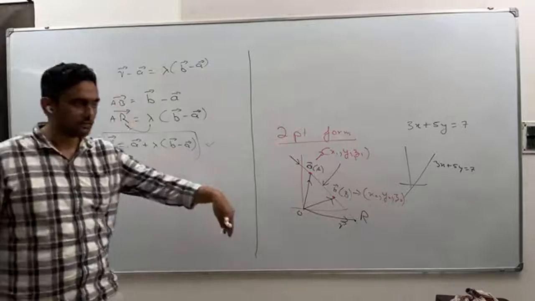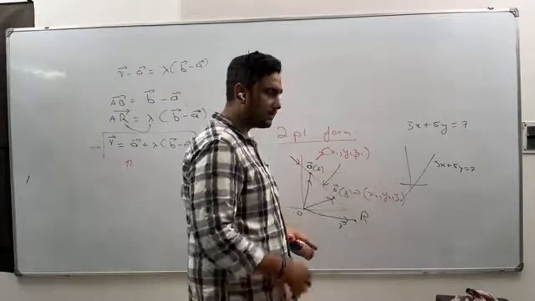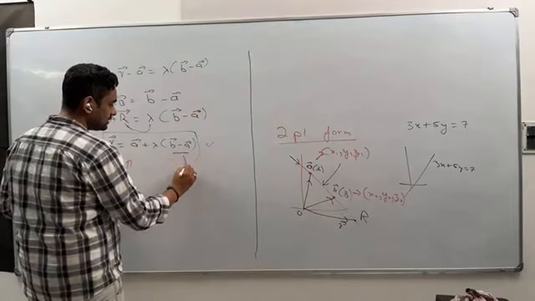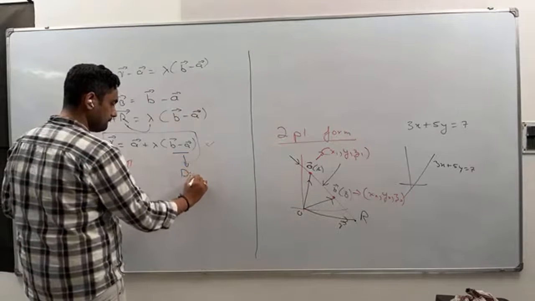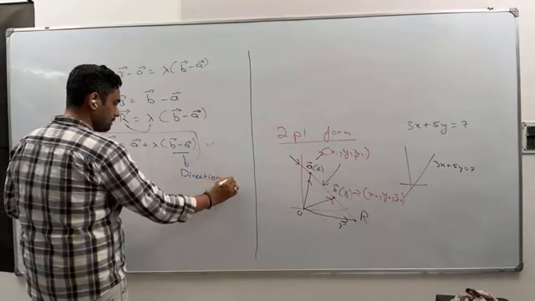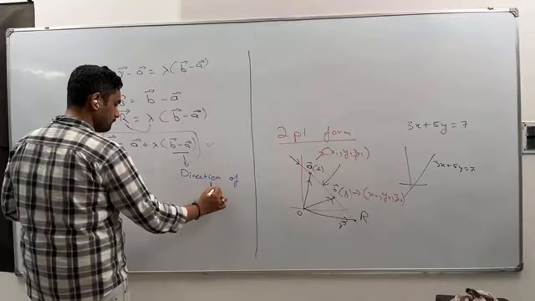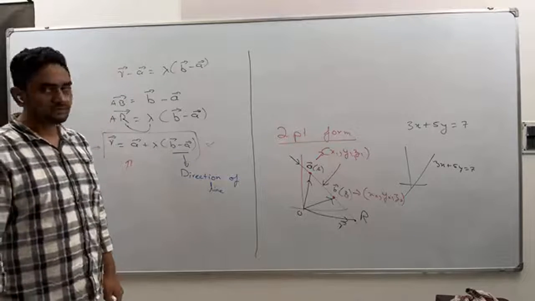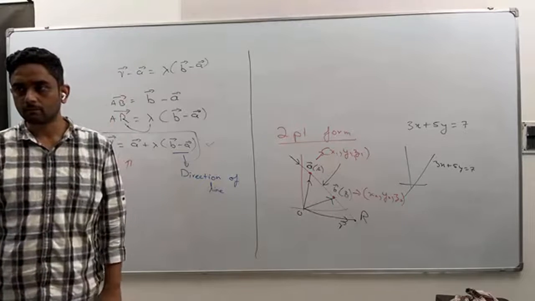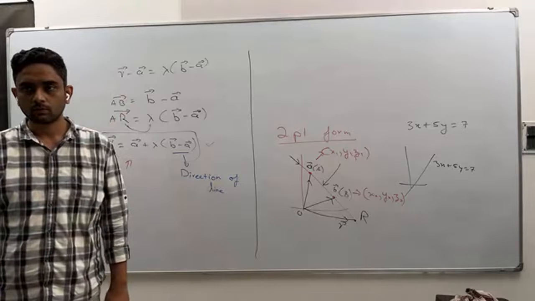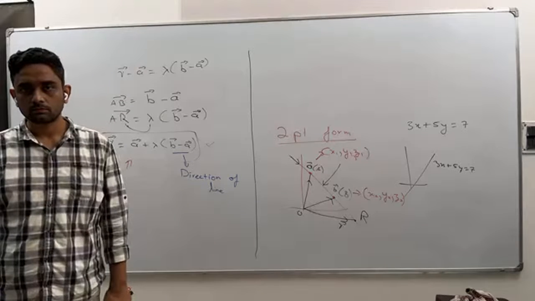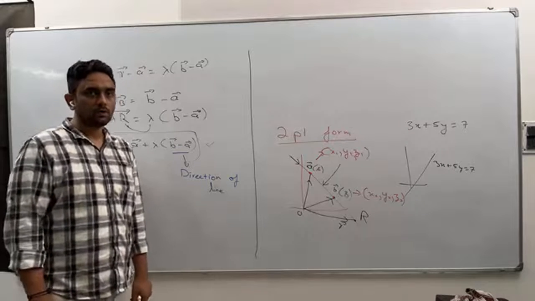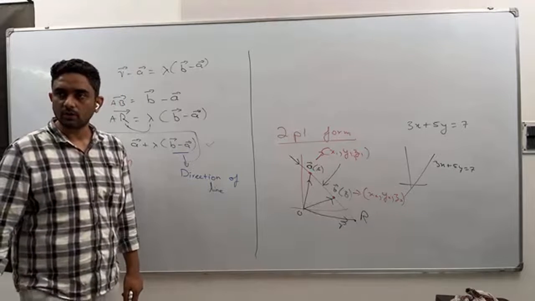B minus A. So this part signifies the direction of the line. All of you are clear on this?